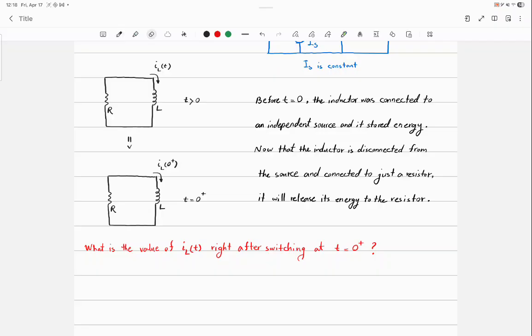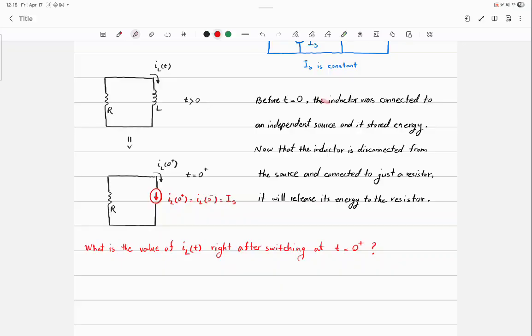So if I want to simplify my circuit, what should I replace the inductor with for t equals 0 positive? Current source. Right? And what is the value of this current source? It's IL(0+), which is equal to IL(0-), which is equal to IS.